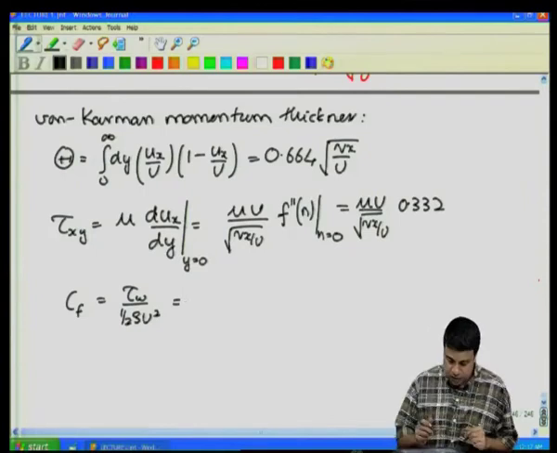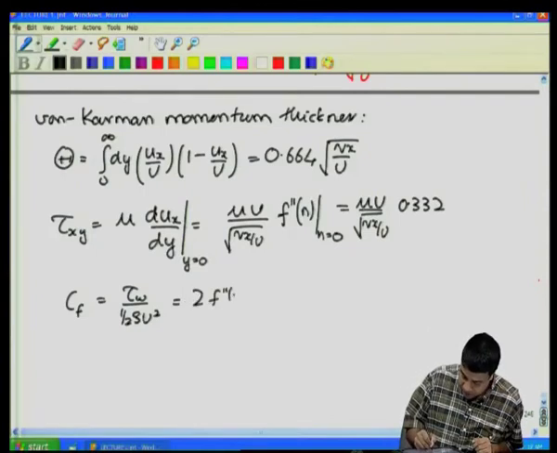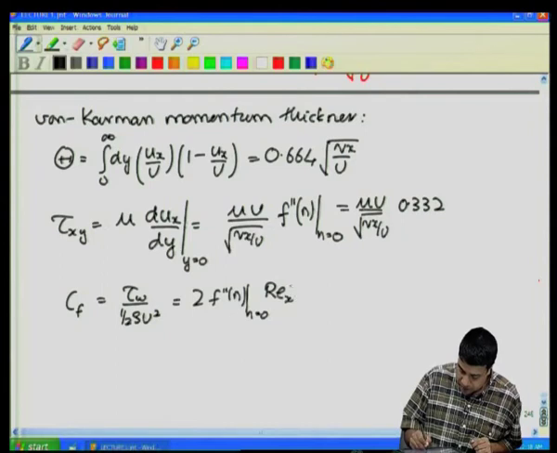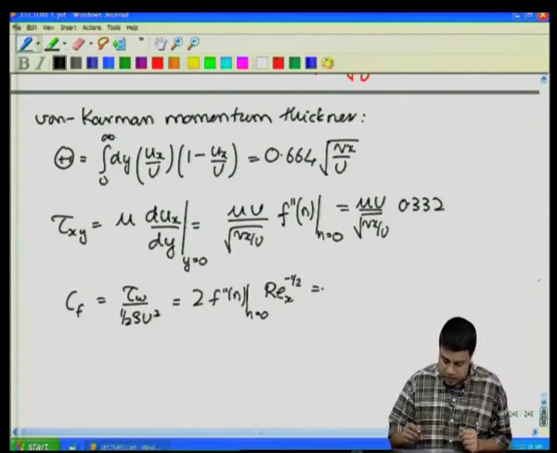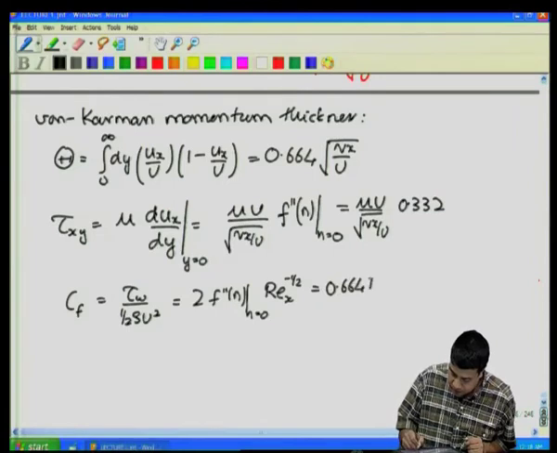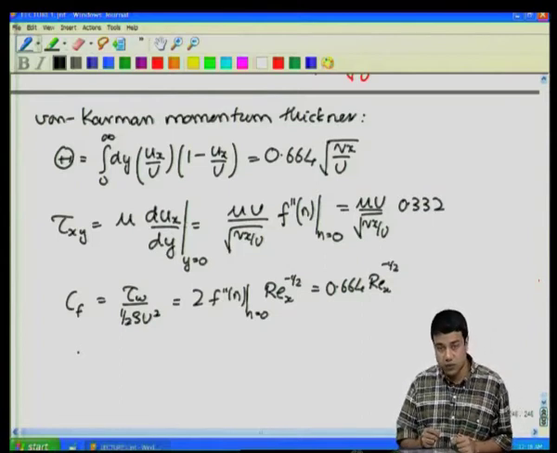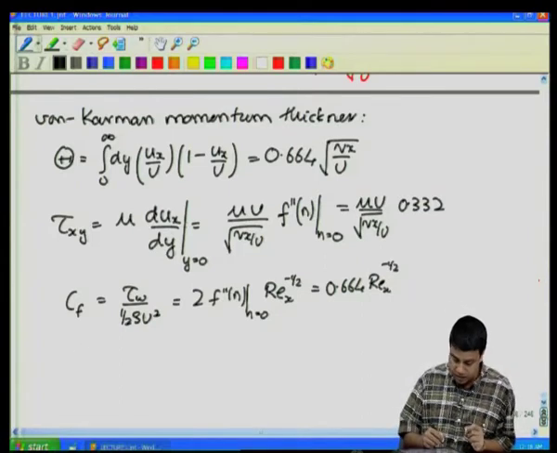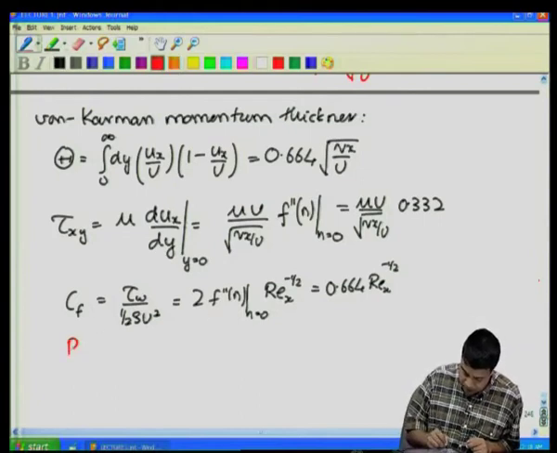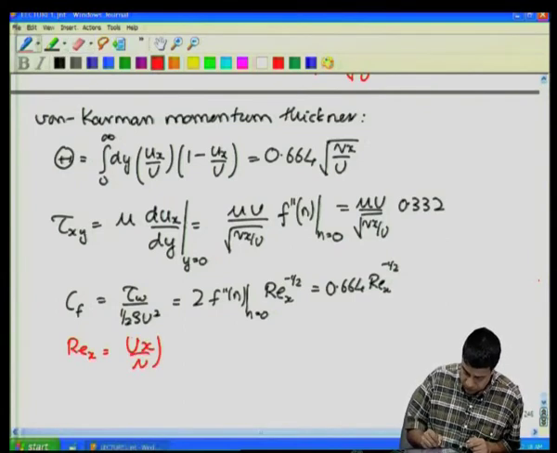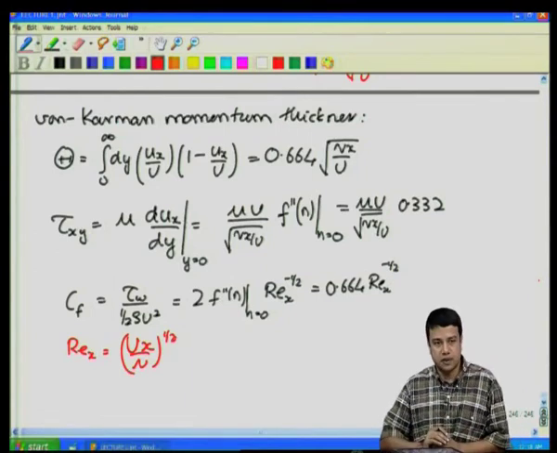And if you put that in, you will get 2 times f double prime of eta at eta is equal to 0 times the Reynolds number based upon x to the minus half, which is approximately 0.664 Re x to the minus half, where Re x is the Reynolds number based upon the local distance from the upstream edge, where Re x is equal to U x by nu, and x is the local distance from the upstream edge.